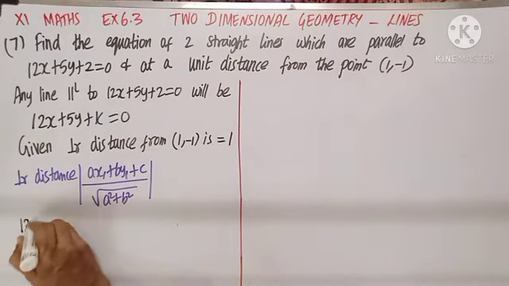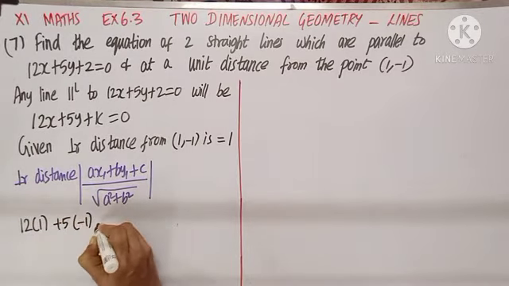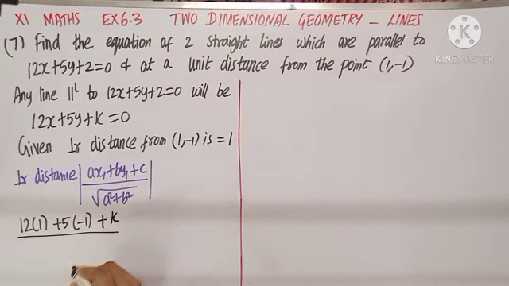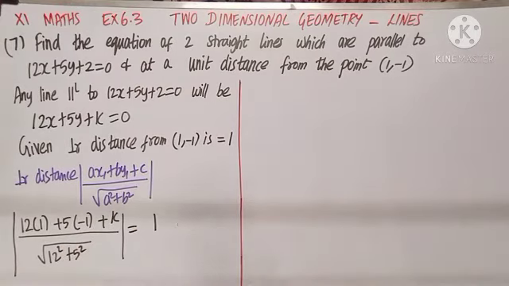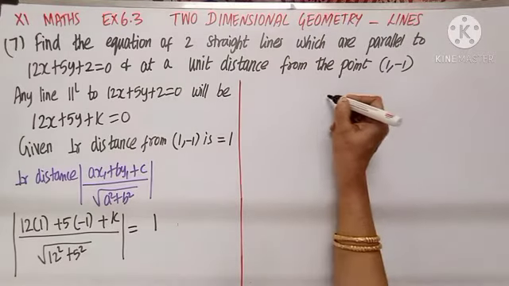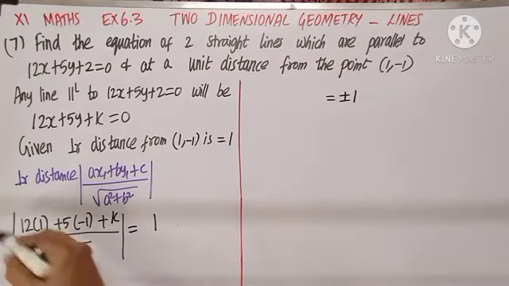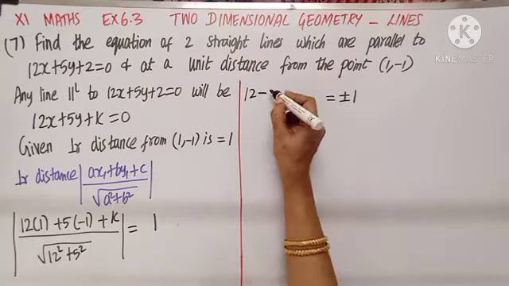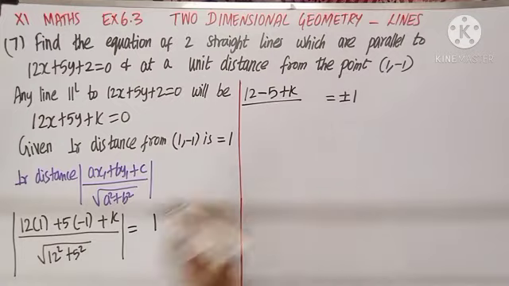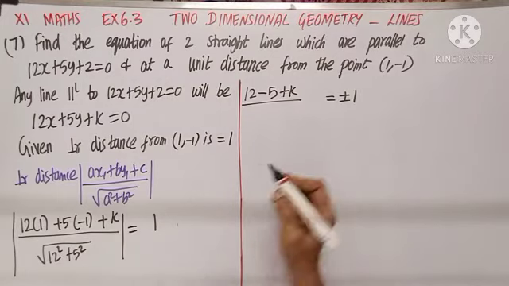Substituting, |12 into 1 plus 5 into -1 plus k| divided by root of 12 square plus 5 square equals 1. Given modulus, let us remember to put plus or minus 1 on the right side when I remove the modulus. LHS: 12 into 1 plus 5 into -1 plus k divided by root of 144 plus 25, which is 169. The square root is 13.